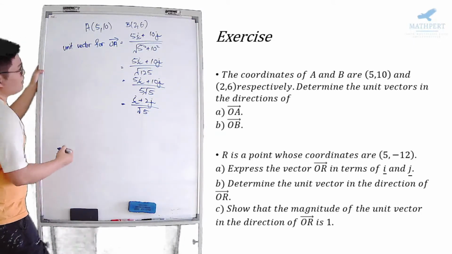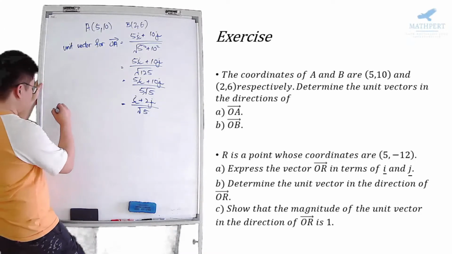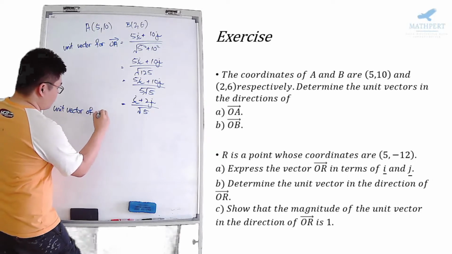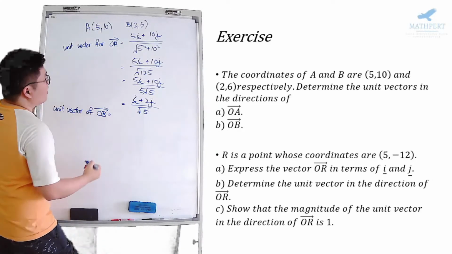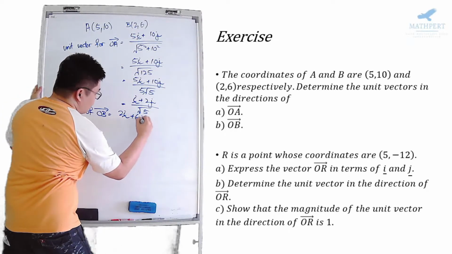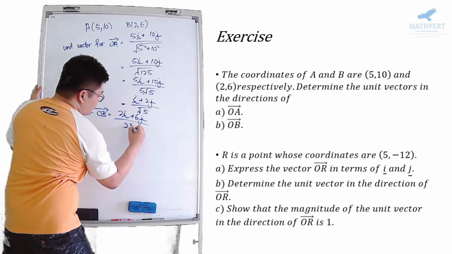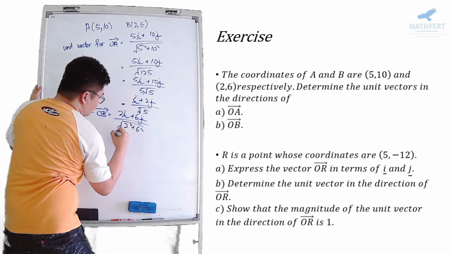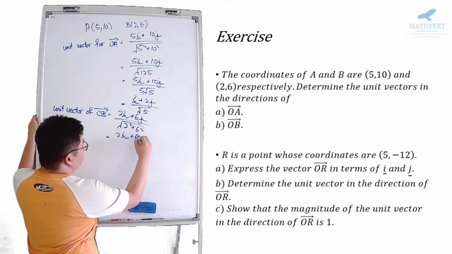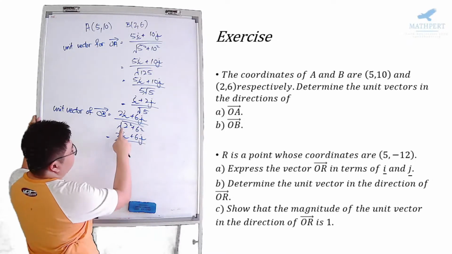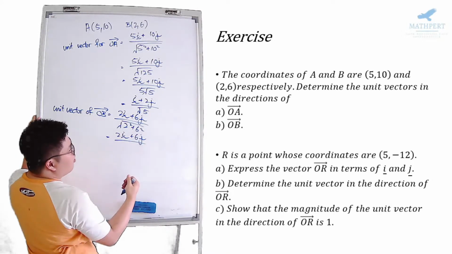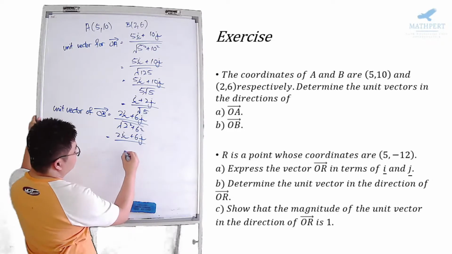Now the unit vector of OB. It is 2, 6, so 2i plus 6j over the square root of 2 squared plus 6 squared. 4 plus 36, so it's 40.